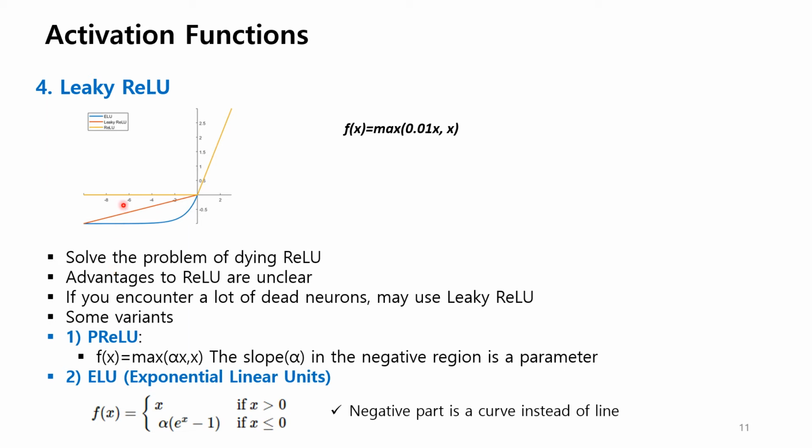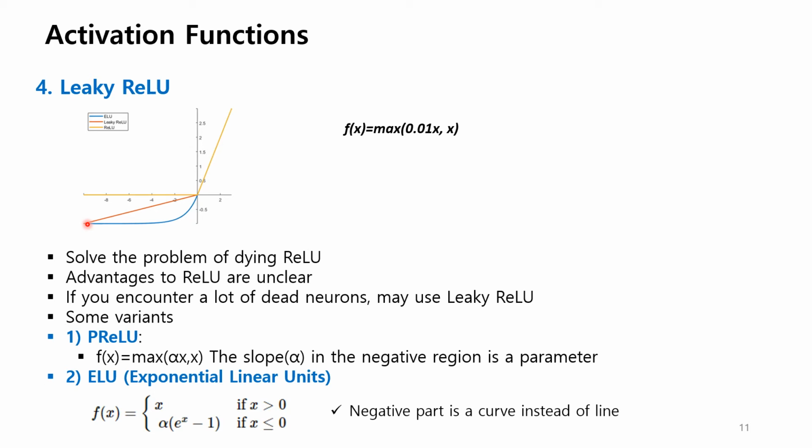But it is unclear whether leaky ReLU is better than the traditional ReLU. We don't have a conclusive result saying leaky ReLU is better than ReLU or the other way around.